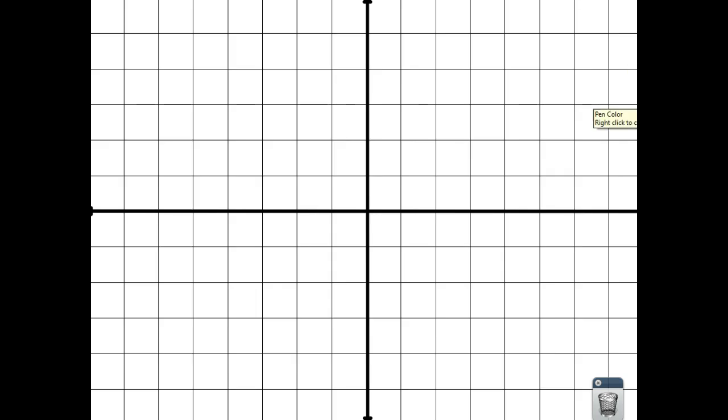My starting point, we said, was our b, 1 to -3, and my rise over run was 2 over 1. So that means rise 2, run 1, rise 2, run 1, rise 2, run 1.